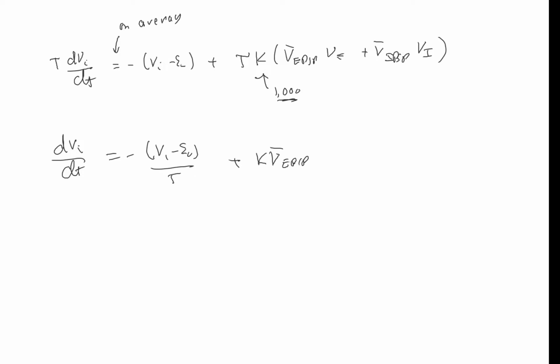And this has a solution V_i of t minus E_leak equals its equilibrium, which is nu_E, is K nu bar EPSP.